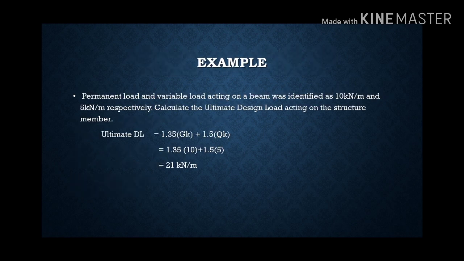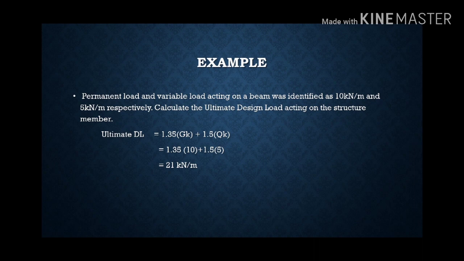Okay, this slide presents an example of how we calculate the ultimate design load. Say we have a permanent load and a variable load acting on a beam of 10 kN per meter and 5 kN per meter respectively. Or to say it another way, the permanent load is 10 kN per meter and the variable load is 5 kN per meter.